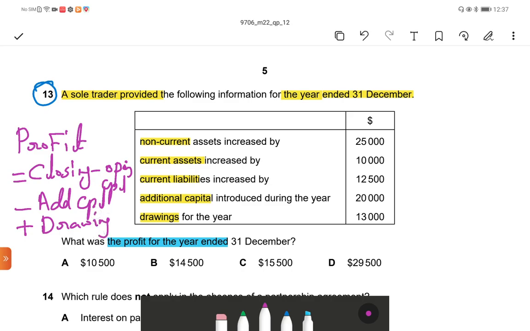Here closing and opening capital are not given, but the net amount, like the increase or decrease, the difference between closing and opening capital, is given.